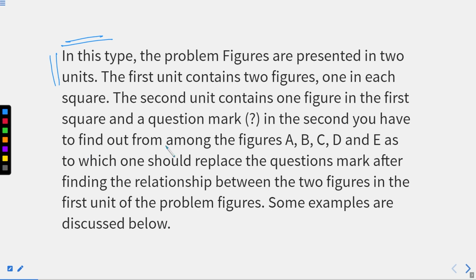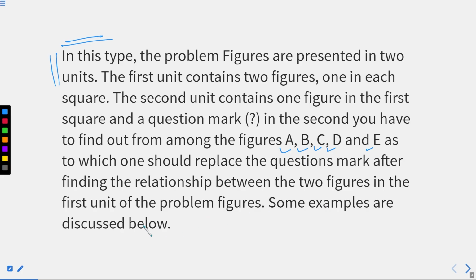In the second you have to find out among the figures, either A, B, C, D or E, which one should replace the question mark after finding the relation between the two figures in the first unit of the problem figure.